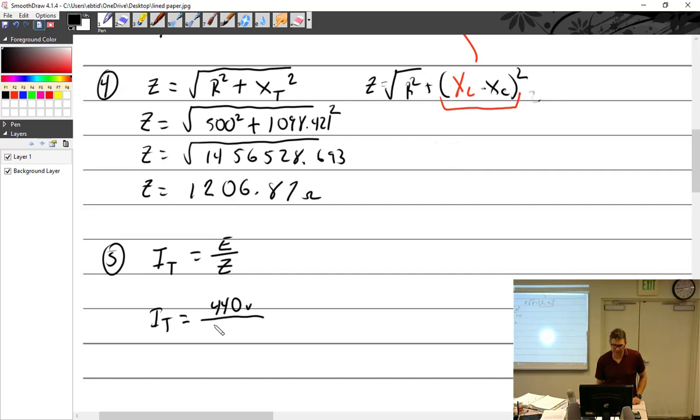Divided by Z, which we just got, which will be 1206.87. So I total equals 0.3645, so 0.365. 0.365 what? Amps. Current total.